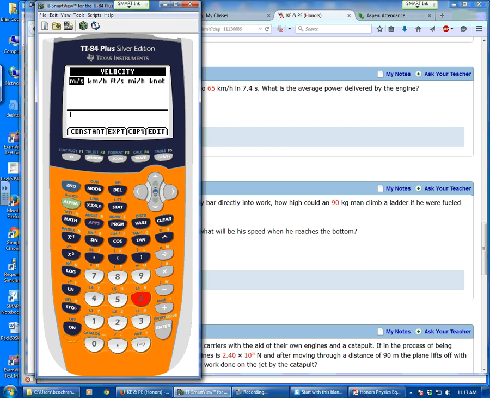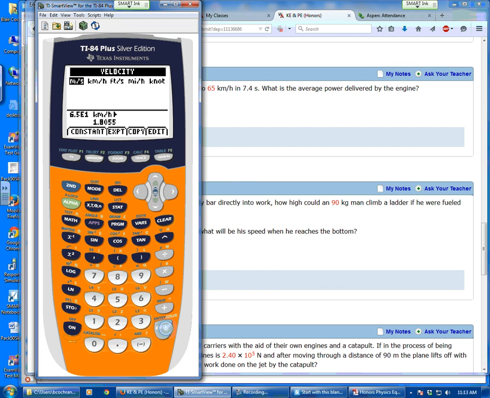So I'm putting in 65, and then I'm going to arrow my top over to kilometers per hour. And when I hit enter, you can see it's now 65 kilometers per hour. The thing to be careful of is it automatically uses scientific notation. So my 65 became 6.5 times 10 to the 1. And then I arrow my top back to meters per second.